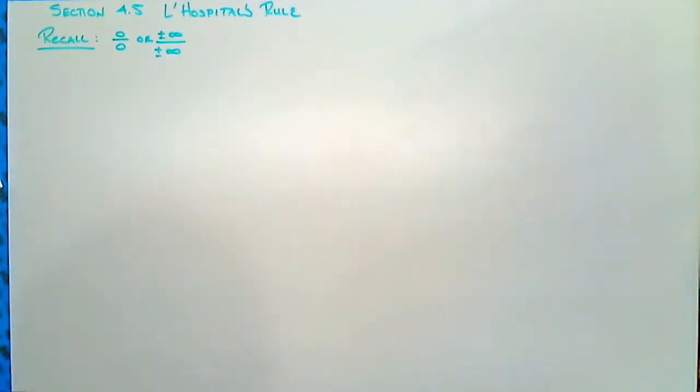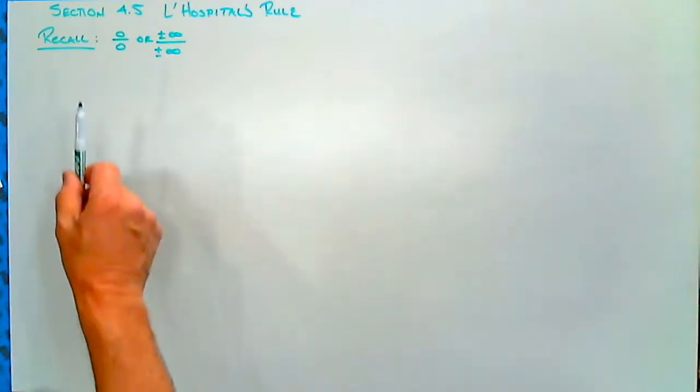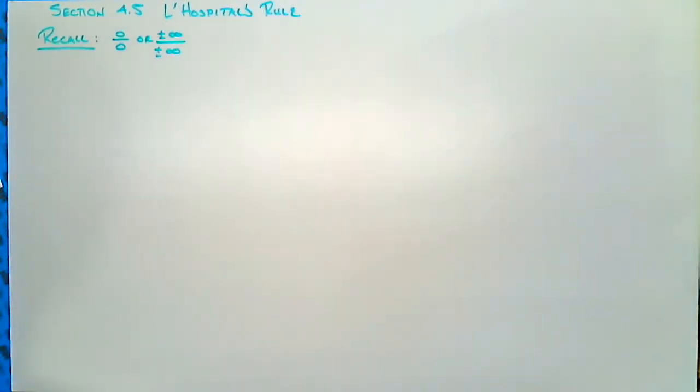We don't have to do any adjustments or manipulations, and then we'll switch it up and go to some of the other indeterminate forms where we might need to do some algebra prior to solving our limits. So let's just jump right in.